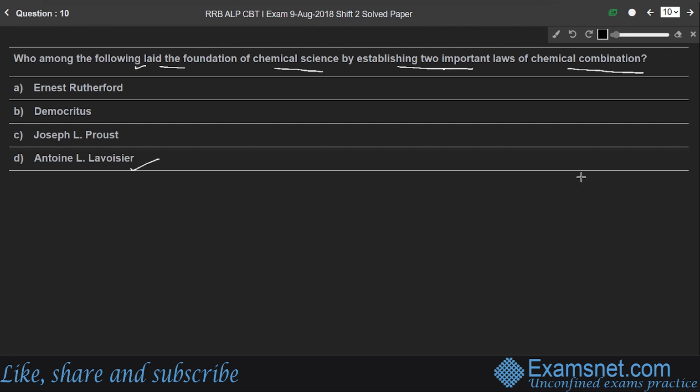He was a French chemist who developed the two important laws of chemical combinations and co-authored the modern system for naming chemical substances.